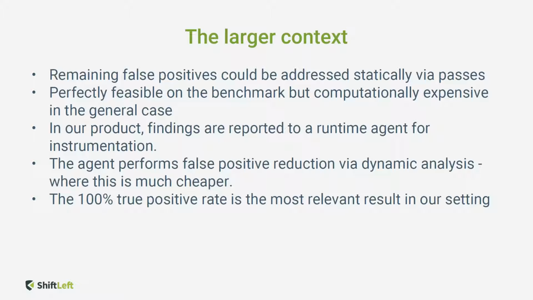And so here it is much more important to be comprehensive, to identify all the flows that look like they should be protected, and then still at runtime we can see whether these flows can actually be triggered and filter false positives there at a much lower cost. So what was relevant for us here was to achieve the 100% true positive rate on the benchmark.